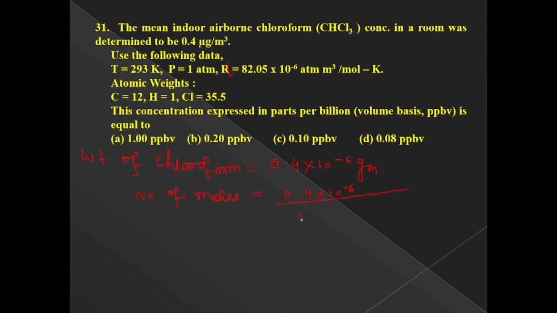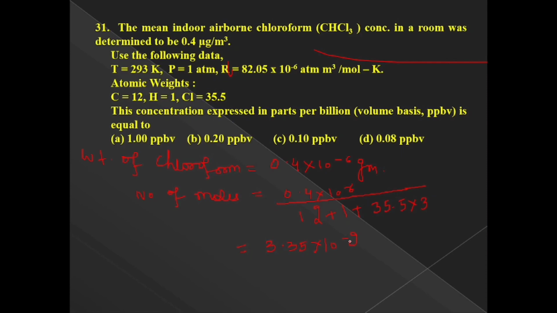Carbon is 12, hydrogen is 1, chlorine is 35.5, and chlorine has a valency of 3, CHCl3. Okay. Now this number of moles is calculated as 3.35 into 10 to the power minus 9 moles.